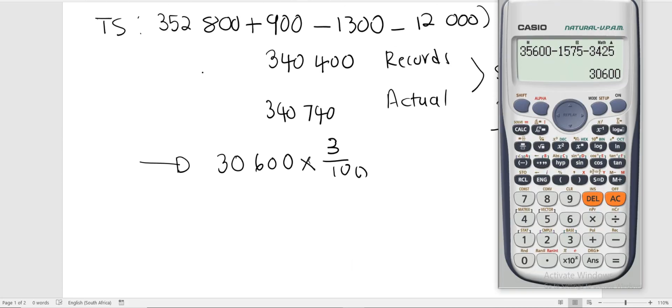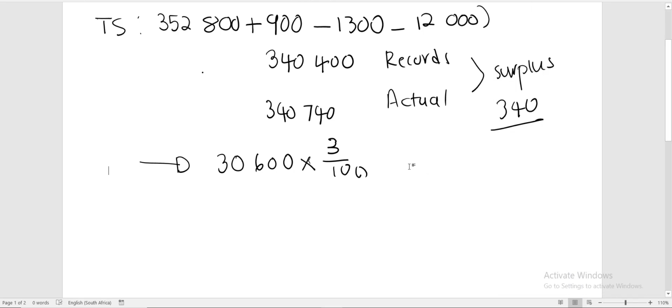So if we say 30,600 multiply by 3 divided by 100, it will tell us how much our bad debt provision is. Sorry about that. It says 918. So it means that our new provision for bad debts balance is 918. So this is the new one, remember.